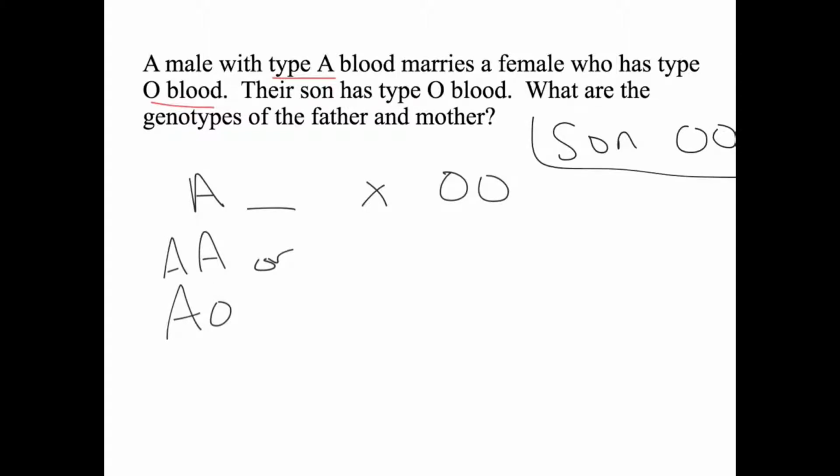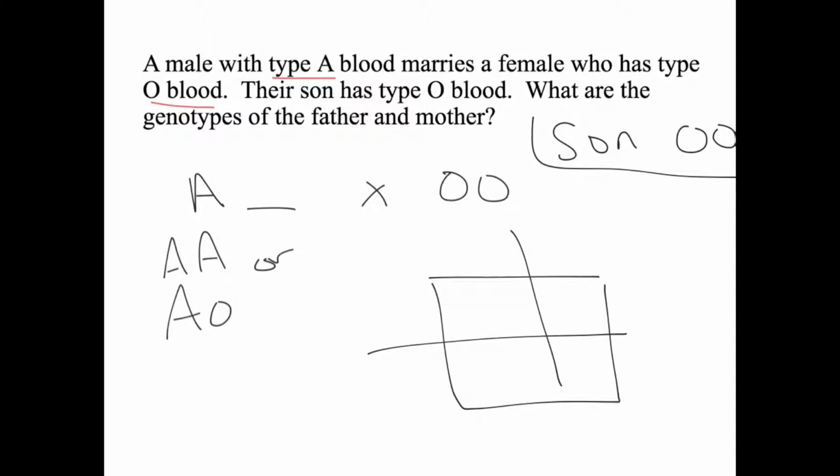Now, the easiest way to figure this problem out is to go ahead and plug what we know into a Punnett square. So we know that the female is OO, and we know that Dad has at least one A allele. We don't know his second allele yet.